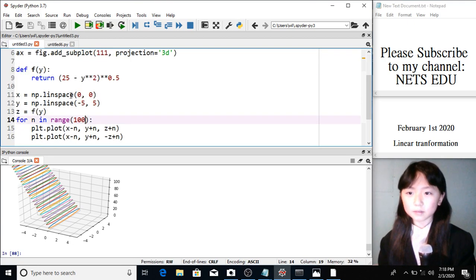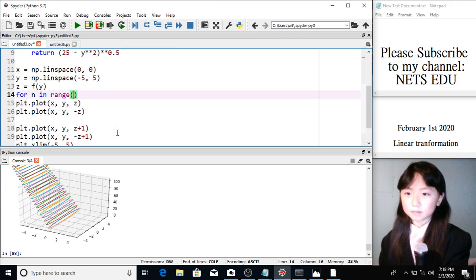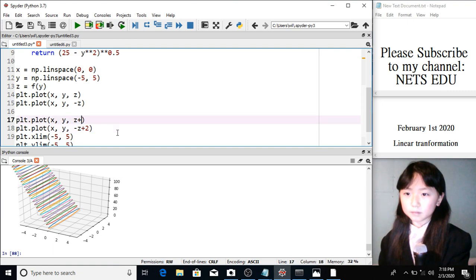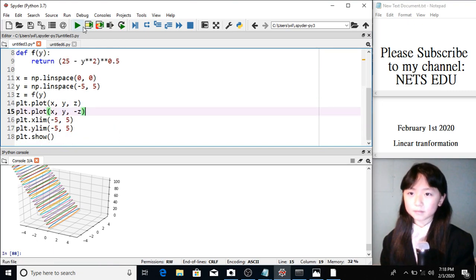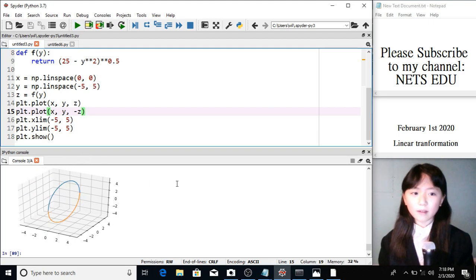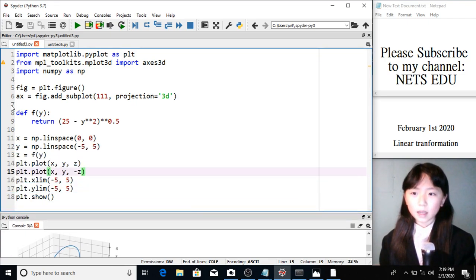Let me first get rid of some of these. Here I graph this circle. To do that, we have these modules, as you can see on top. Here I can define my function.